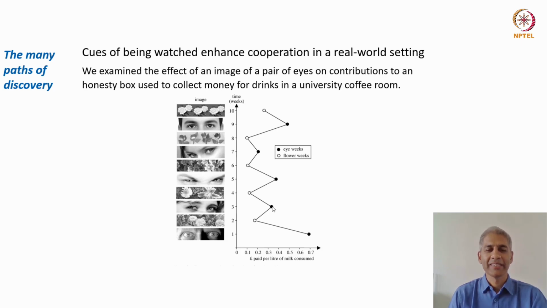In the third week, they stuck a person who perhaps has a gentler look. So this is the contribution, and in the same manner, they alternated these flower images with images of human eyes, but human eyes showing different kinds of emotions, and then asked what is the level of contribution they got.